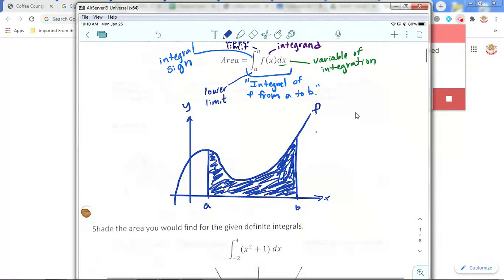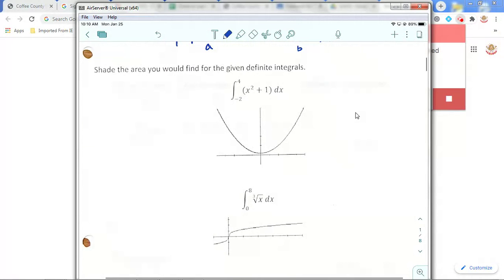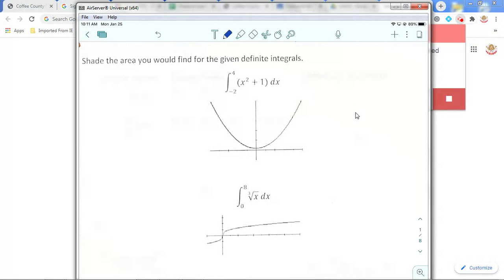For the next two, we are going to shade the area you would find for the given definite integrals. I have the graph of x squared plus 1, and it's not perfectly square, but that's okay. We want the integral from -2 to 4 of that function. -2 would be right here, and 4 is here.